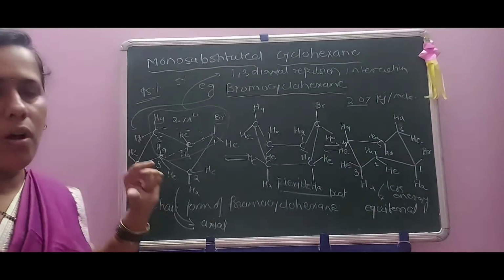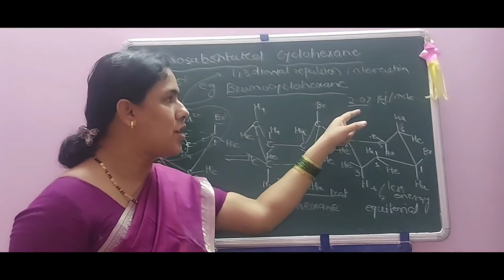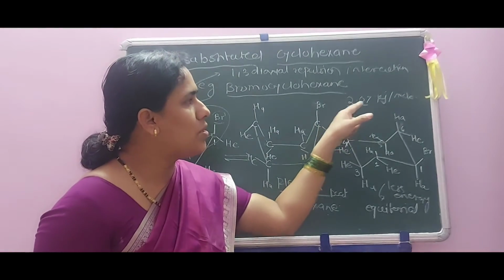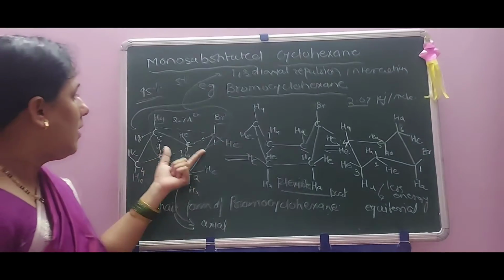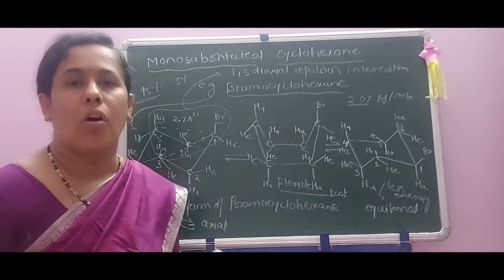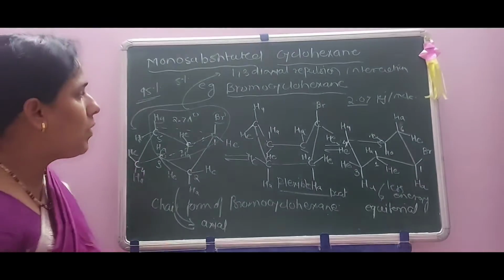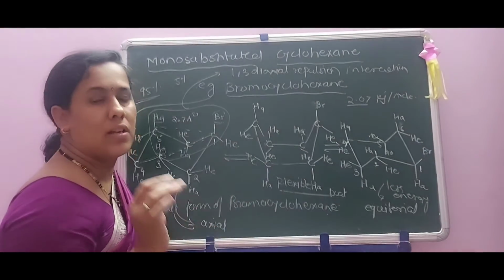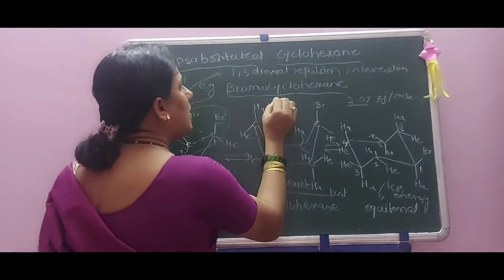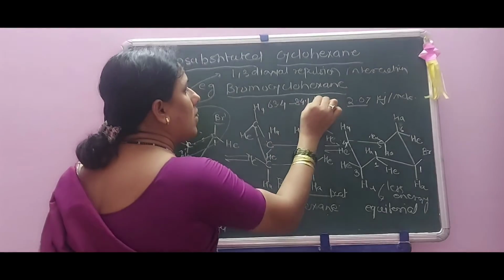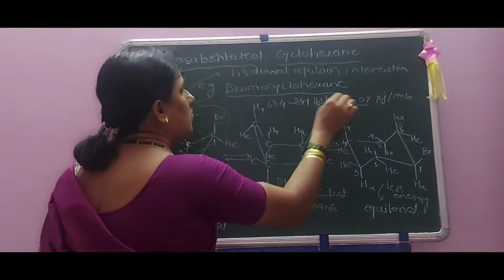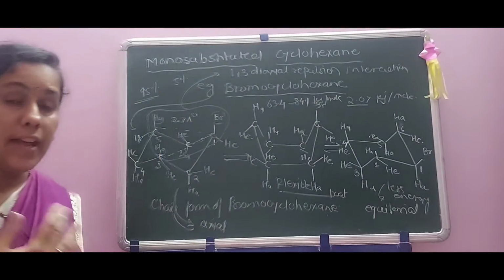As there is a very small potential energy barrier difference, that is 2.07 kilojoule per mole, it is possible to reduce all the strains with an average energy between 63.4 to 84.1 kilojoule per mole, which is very small.